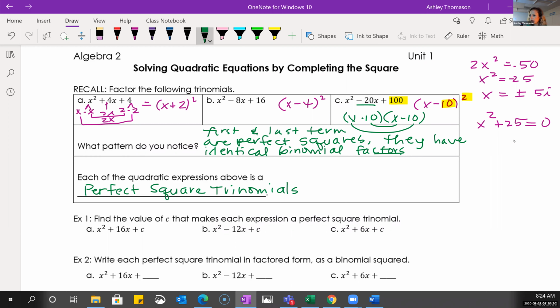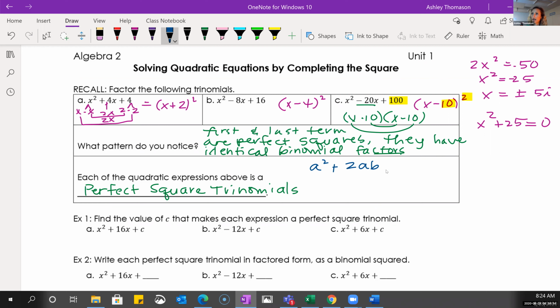Okay, so perfect square trinomials, we wrote these patterns down in our notes when we did this lesson earlier. The pattern is that you have a perfect square first term, and you have double the A and B. Like here, if this was x squared, then it's x times x, and x is your A. And then 100 is 10 times 10, so 10 is your B. So you have A times B, which is negative 10 times x, twice.